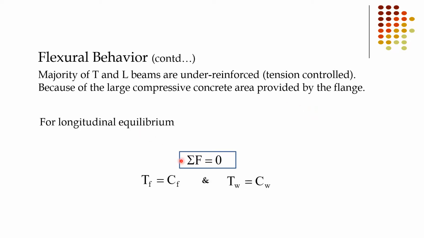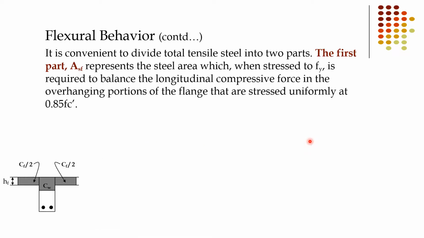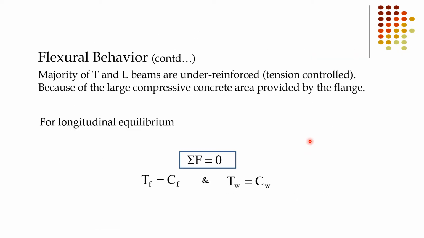For equilibrium, on the balancing of horizontal forces, summation of forces in the horizontal means left forces will be balanced by right forces. So Tf will be balanced by Cf, and similarly Tw will balance Cw.